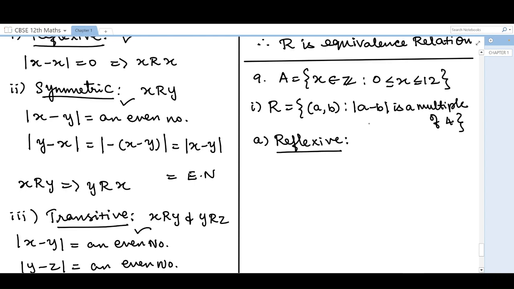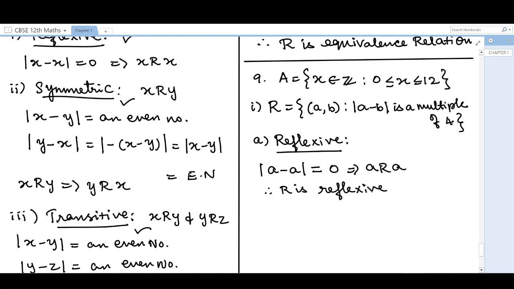Now I have to verify whether the absolute value of a minus a is a multiple of 4. But a minus a equal to 0, which is a multiple of 4. So we can say that a is related to a. Fine. So the relation R is reflexive.